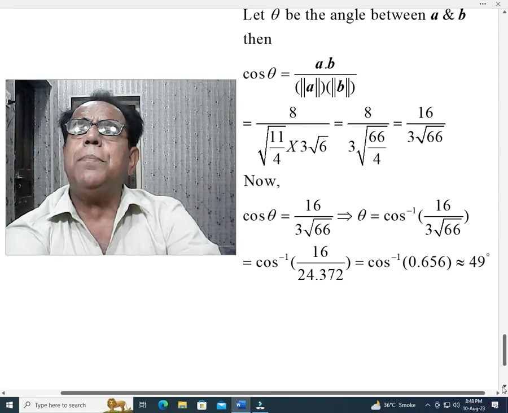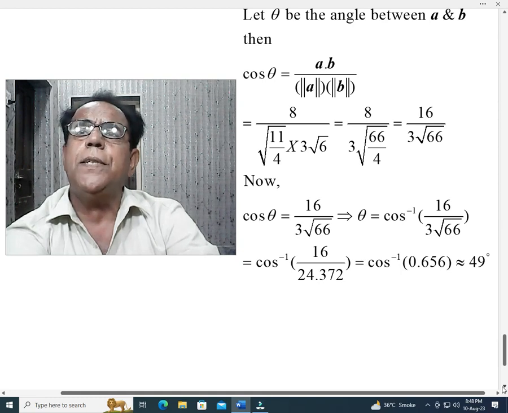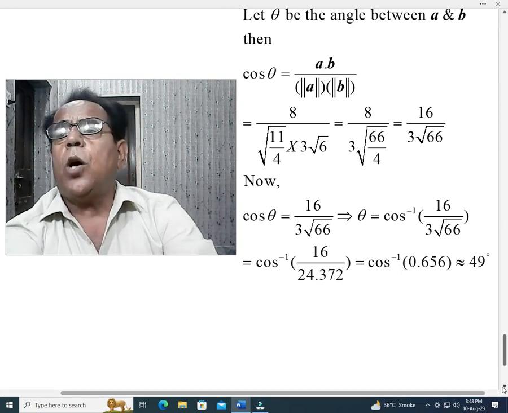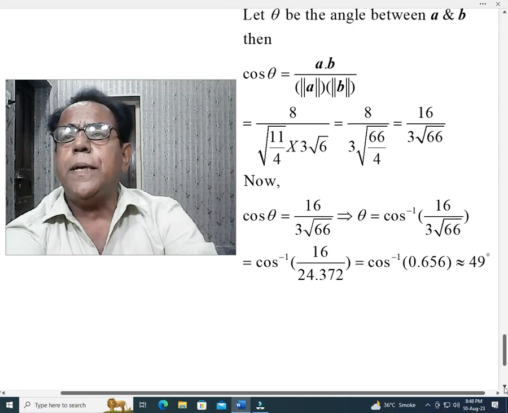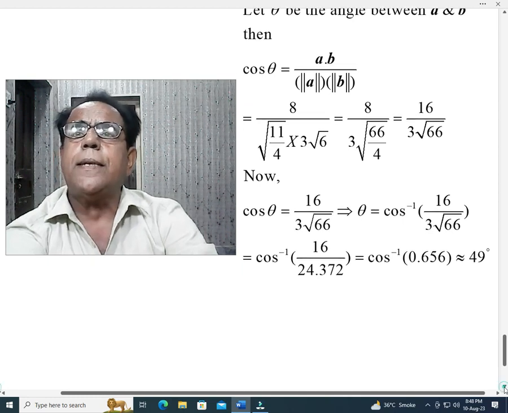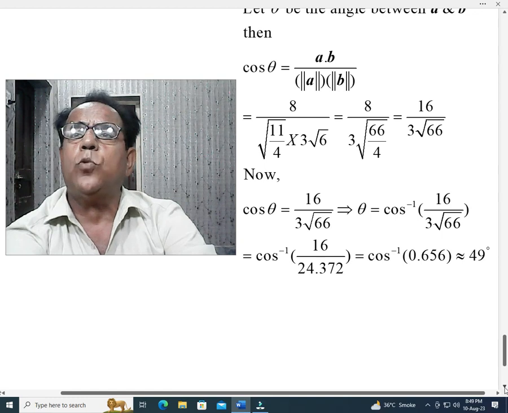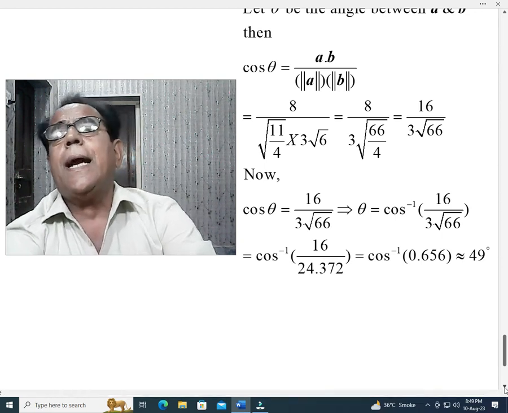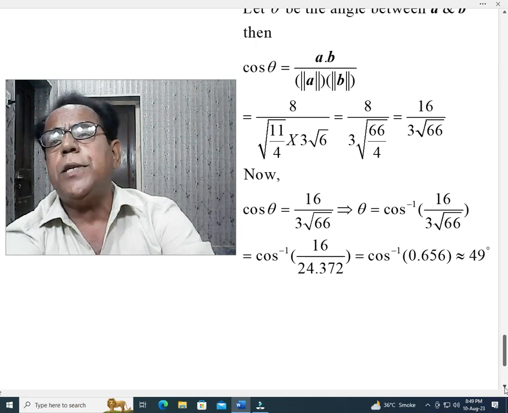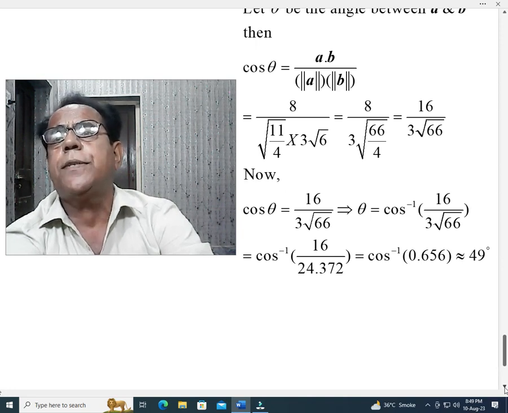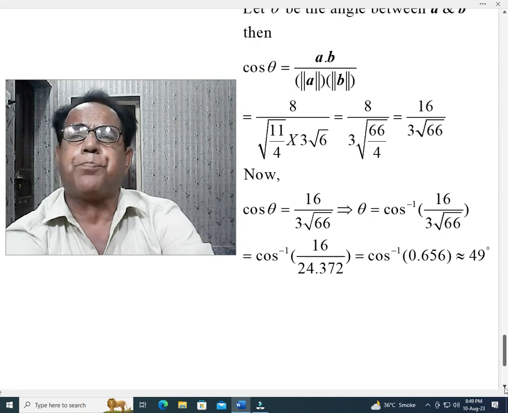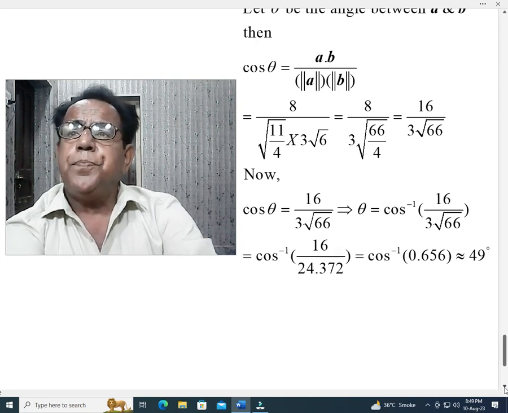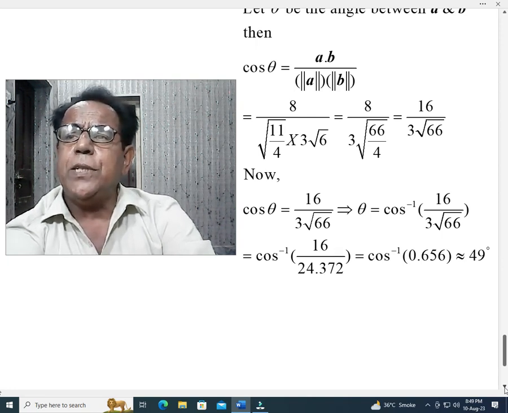Let theta be the angle between so and so, and by definition cos theta equal to dot product of the vectors divided by magnitude of the vectors, and hence cos theta becomes equal to 16 over 3 into 16 under root, and hence theta becomes equal to cos inverse 16 over 3 into 66 under root, and hence theta becomes equal to 49 degree.